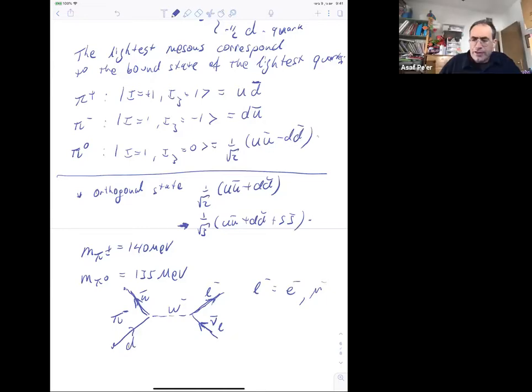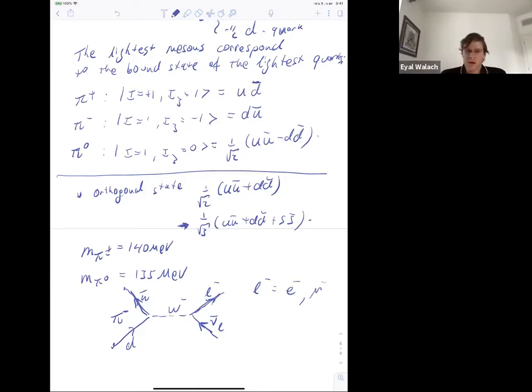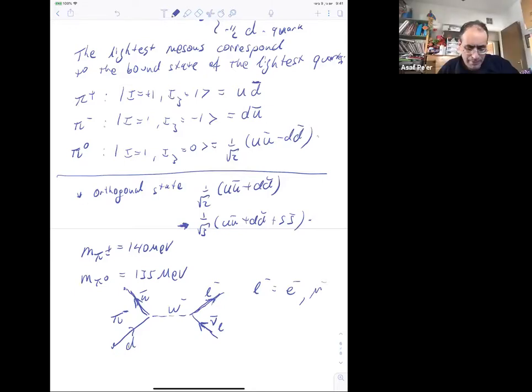Now, since it's lighter than the tau, it cannot decay into the tau particle, but we can reorder the Feynman diagram, right? If we reorder it, we can describe the opposite process in which the tau can decay into the pion, right?